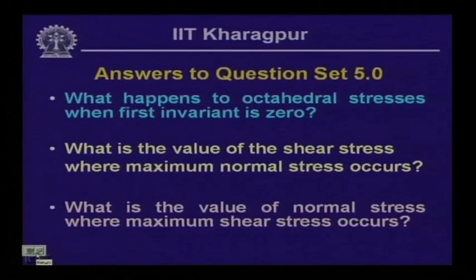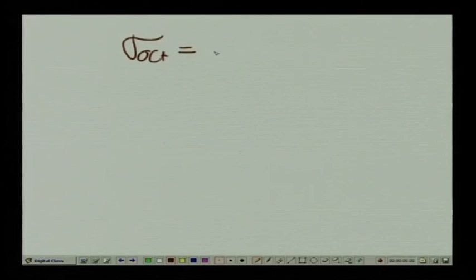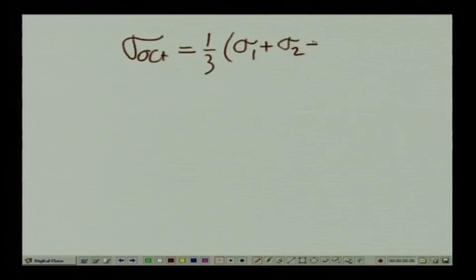If you remember, the stresses on octahedral planes which we had calculated, the normal stress sigma octahedral, is equal to 1/3 of sigma 1 plus sigma 2 plus sigma 3.